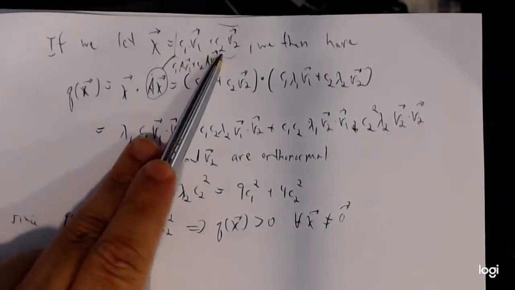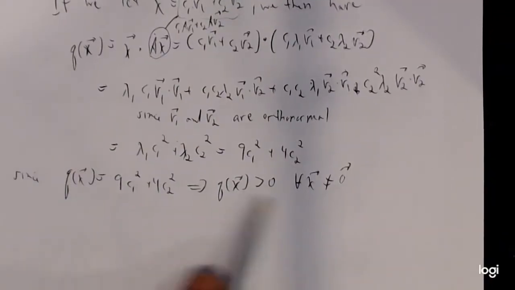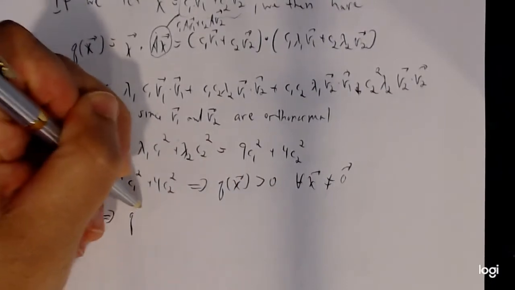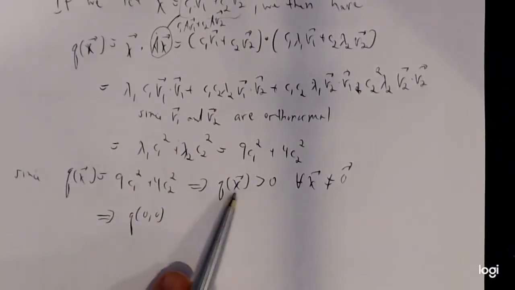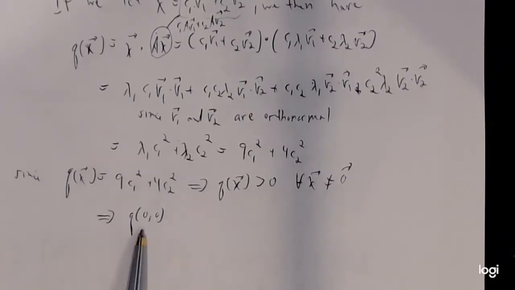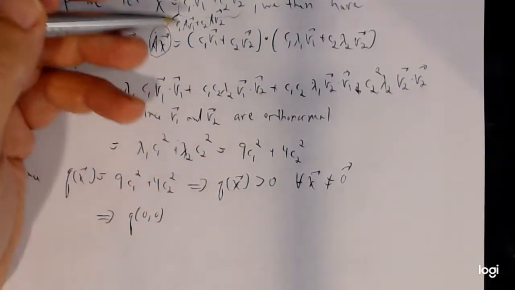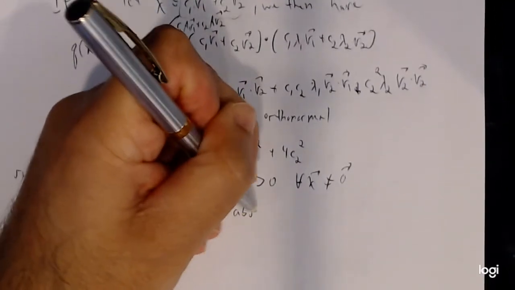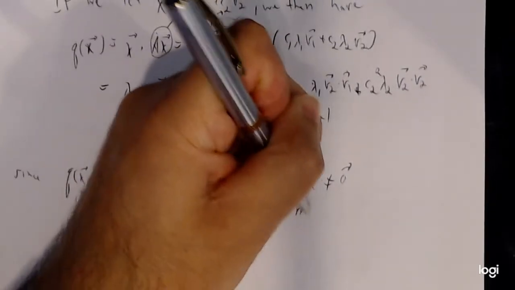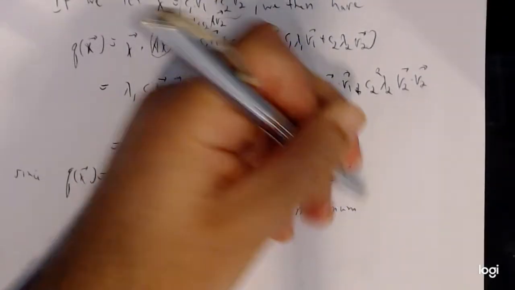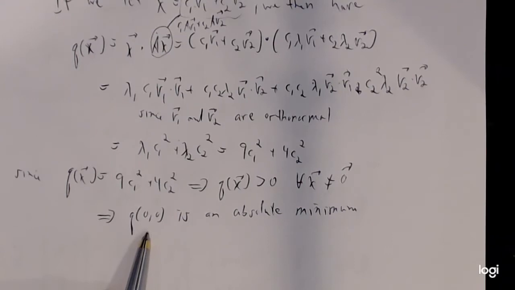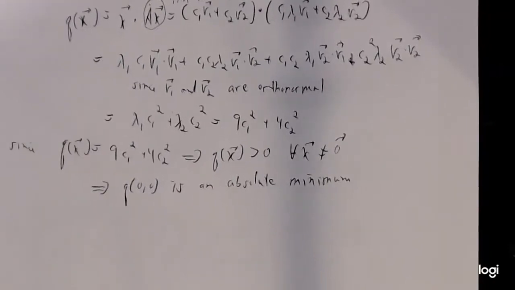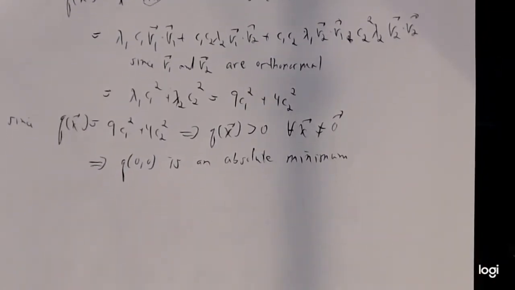So this is always greater than 0, and our focus was on Q of 0, 0. If Q of x is always greater than 0, and Q of 0, 0 is equal to 0, this ends up being an absolute minimum, right? Because once we go past 0, 0, it'll always be greater than 0. So we used linear algebra to show that this is an absolute minimum.